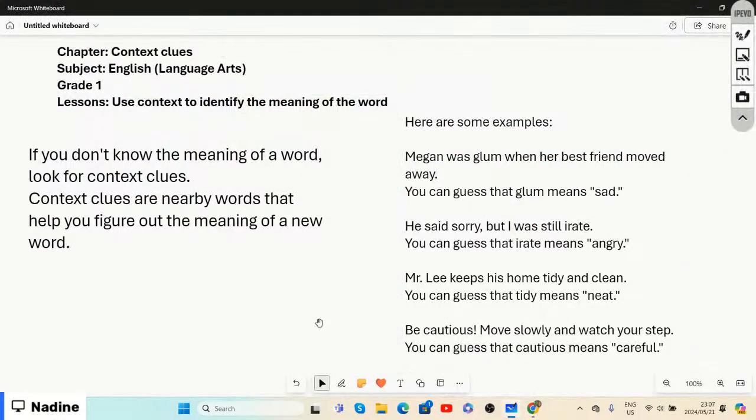All right. If we look at examples of context clues, a first example is when it says that Megan was glum when her best friend moved away.